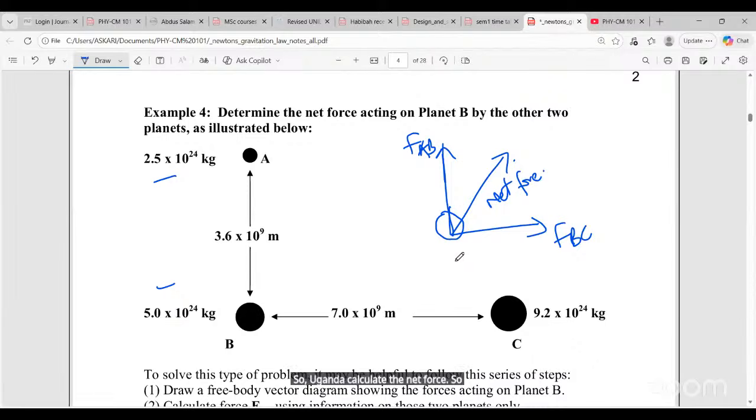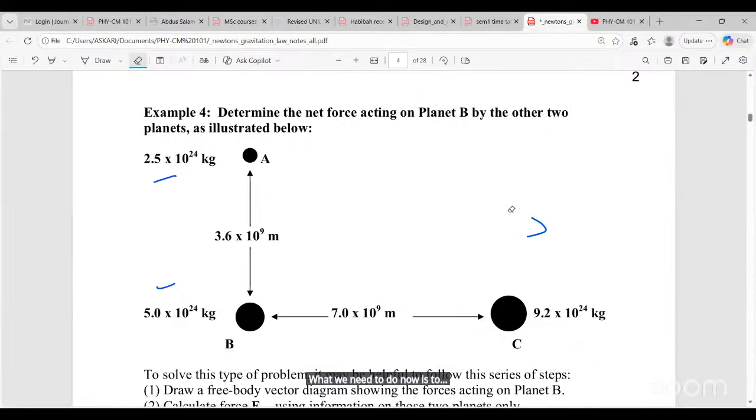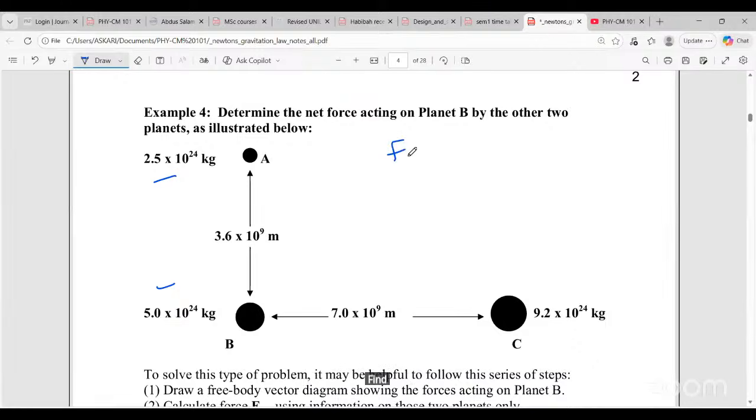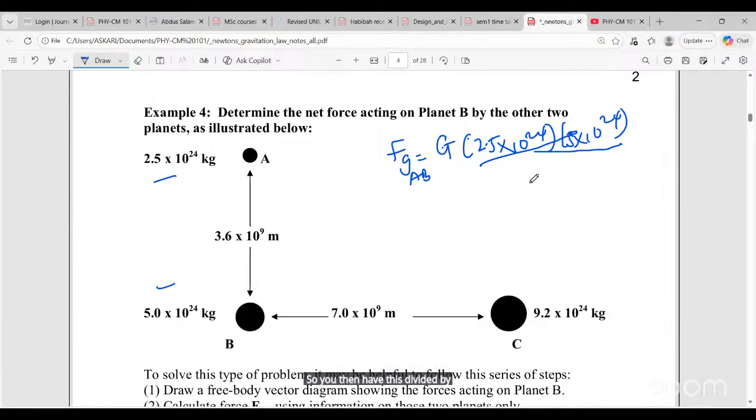So in order to do this one now, what we need to do is to find FAB, that will be G multiplied by the masses, then divided by 3.6, everything squared.